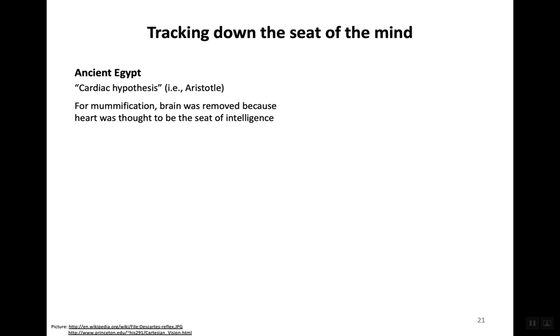And while that may sound funny nowadays, vestiges of this cardiac hypothesis can be found everywhere in popular culture. You can talk about somebody stealing your heart, or you can talk about your heart being not in the right place. So what does it mean?